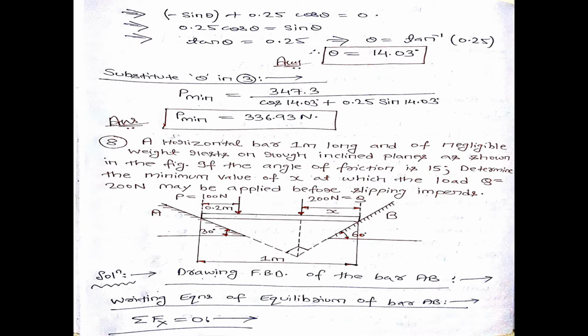So one more last problem for today's class we will discuss, that is this eighth problem. You did this problem in the first module itself when I was discussing the equilibrium condition of forces.